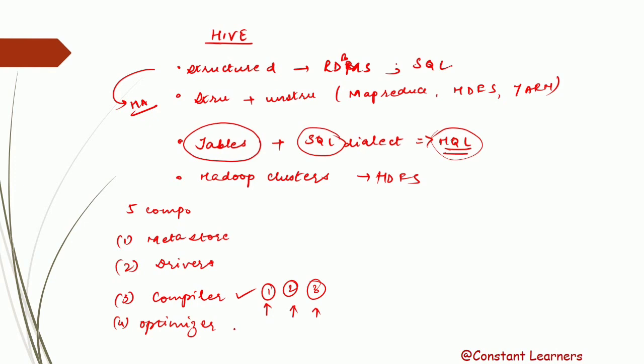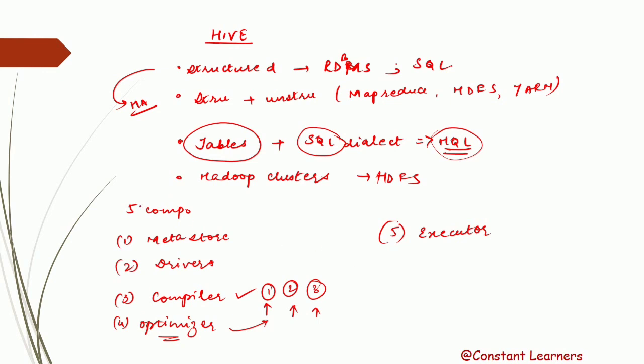So the optimizer chooses the best execution plan. Finally, the fifth component is the executor. What does the executor do? It executes the task. After the compilation has been done and the best plan has been chosen, the executor just executes the plan and gives us the output.